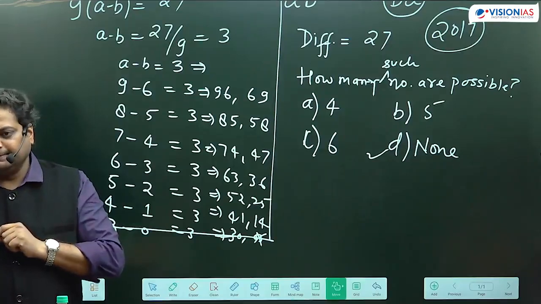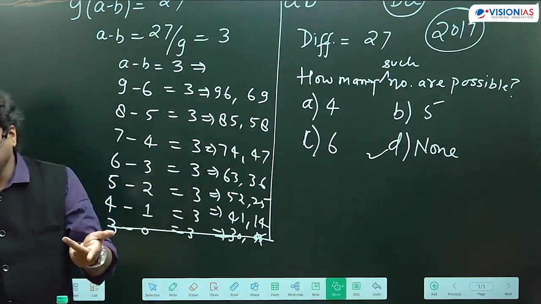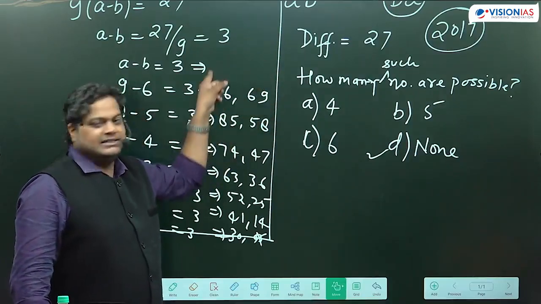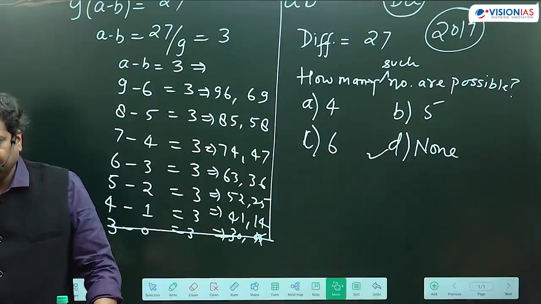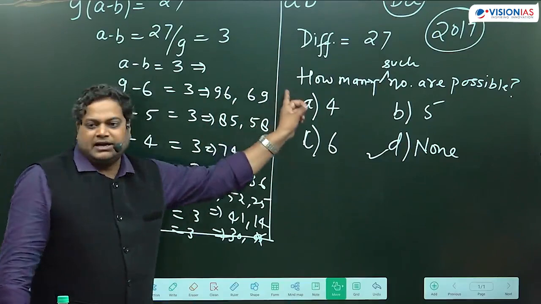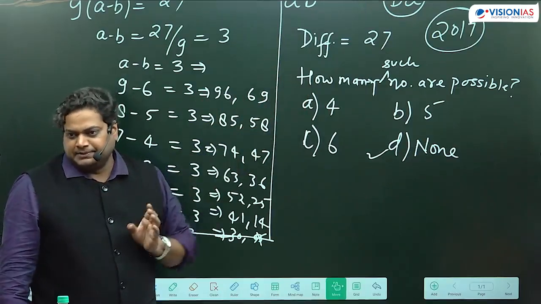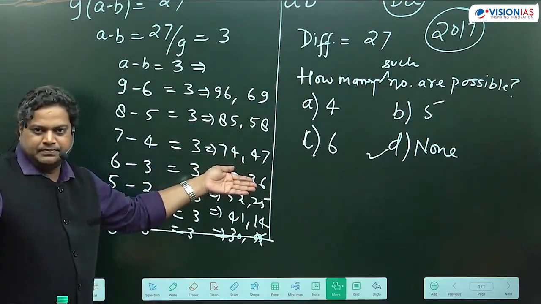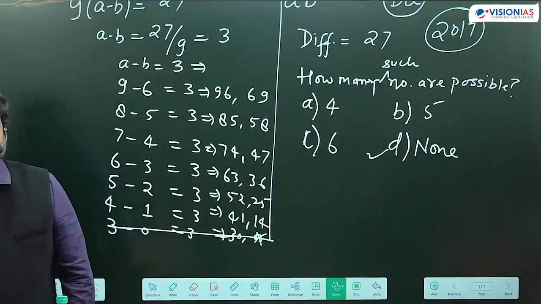One possibility is done. Now whether we take 69 or 96, both numbers are possibilities. If we take 69 and reverse the digits, we get 96, and again the difference is 27. So it fulfills the condition, and we will count it as a number. 96 will count as a number, 69 will count as a number. In the same way we will look for other possibilities, count how many such numbers there are, and answer. Okay.